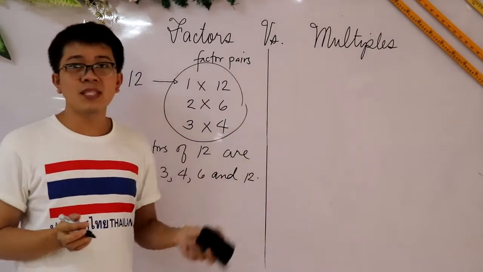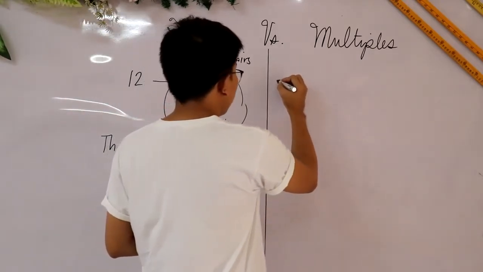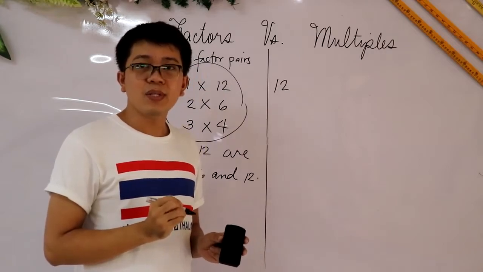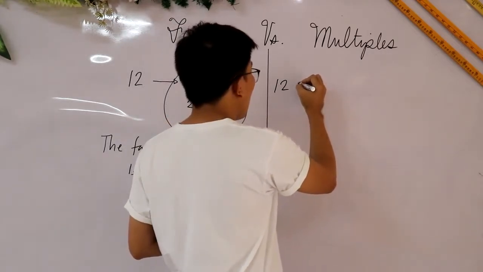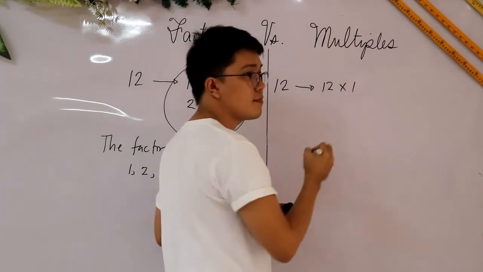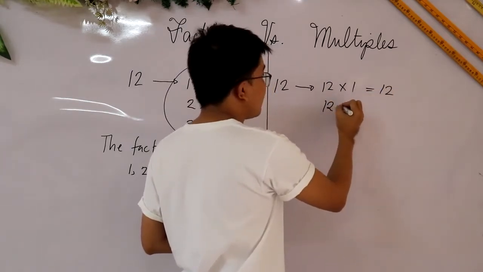How about multiples? What are the multiples of 12? Let's begin by multiplying 12 by 1. What is 12 times 1? Correct, it's 12. How about 12 times 2?